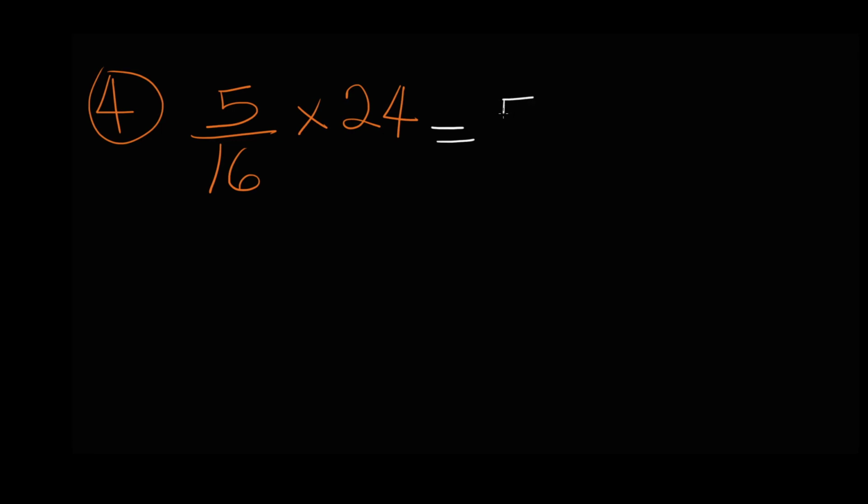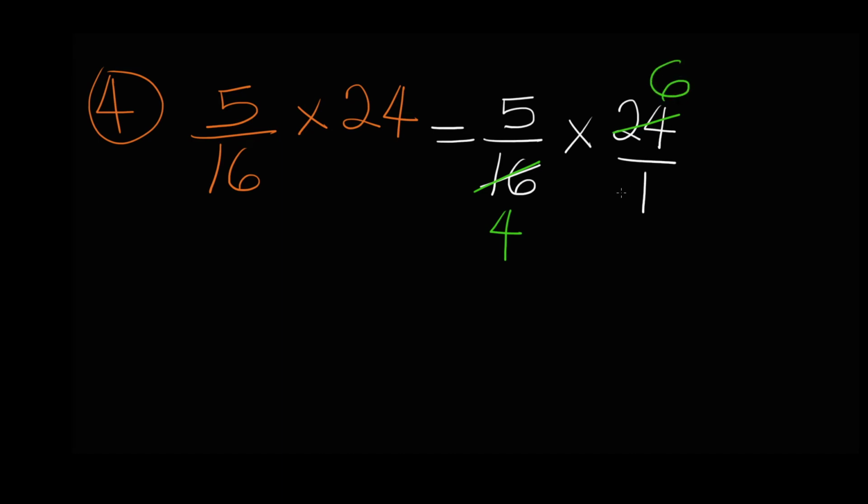So I can rewrite this problem set as 5 over 16 times 24 over 1, right? If you take a look at this, you realize that 4 can divide 16, and that is going to give me 4. 4 can divide 24, and that's going to give me 6.